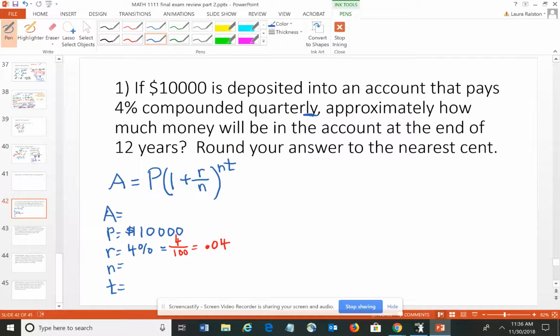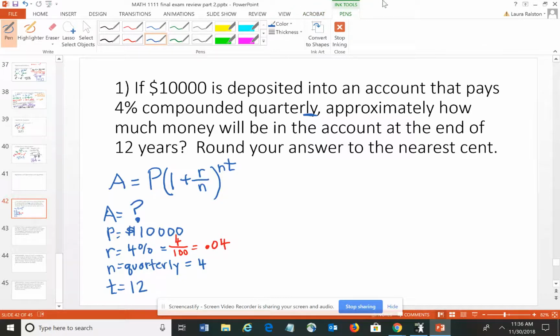Compounded quarterly tells us how many compoundings there are per year, and quarterly means every 3 months, so it occurs 4 times per year. It says approximately how much money, so we're looking for the accumulated amount, or the final amount in the account at the end of 12 years.